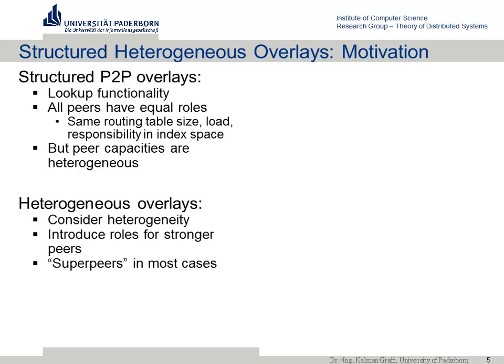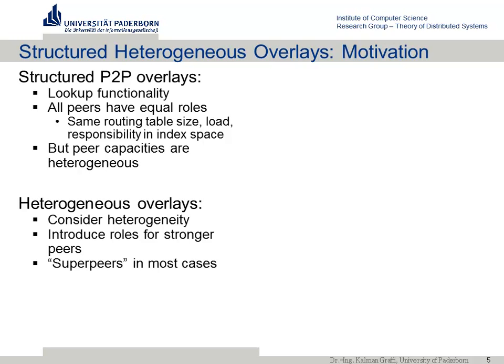So what is the motivation? First of all, structured peer-to-peer overlays do some lookup, that's good, and they all have equal roles, equal routing table size, equal load, equal responsibility, but the world is different. The nodes in the real world are different. We have servers on one side, we have mobile nodes on the other side, they have different bandwidth, different storage space, and that should be somehow taken into account.